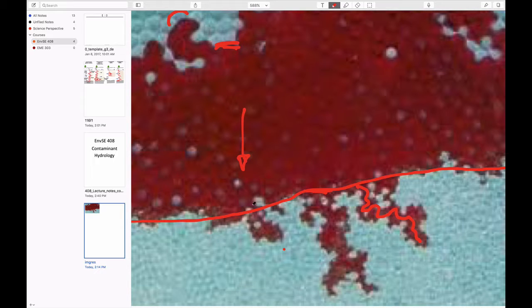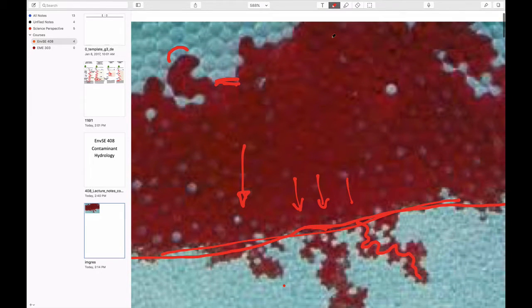We see that most of this invading fluid has basically stopped at the boundary between these two, and only some of it, actually some of it which happens to be below the highest level of this other stuff here, has actually pushed through on these sinuous pathways where presumably it can find a way to be able to displace the water because it finds a slightly bigger pore space than is present elsewhere. And so that's the behavior that we're trying to define.